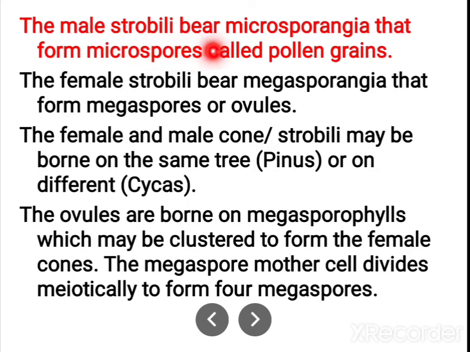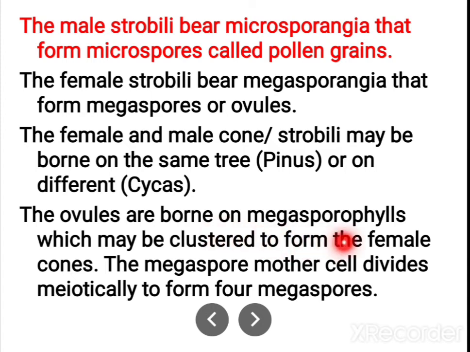The male strobilus bears microsporangia and produces microspores, which you call pollen grains. The female strobilus bears megasporangia and forms megaspores or ovules. So female and male cones, you can call them strobili also. Either they can be seen in the same tree, as in Pinus, or in different trees, as in cycas.